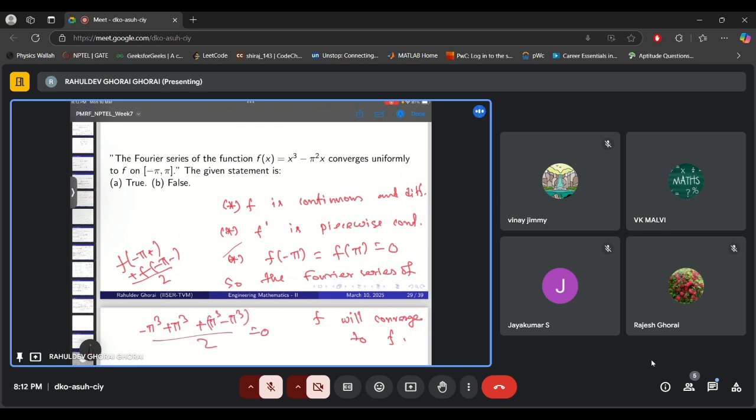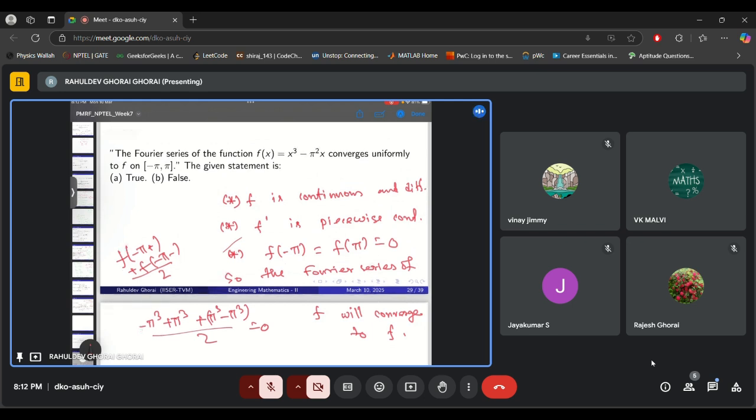I mean the same 0 value on the boundary: the Fourier series of function f will converge at pi to 0, and the value of f of pi is 0. Also at minus pi the Fourier series will converge to 0, and f of minus pi is also 0. So that condition should not disqualify it; it should satisfy that.